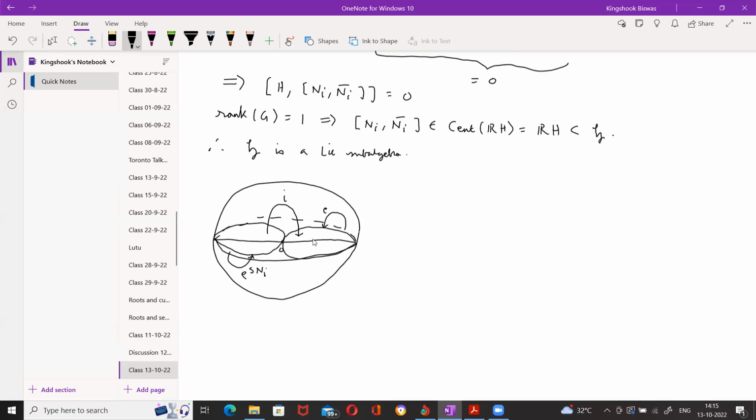So this will be, sorry, e to the s ni bar. And A_t will act along this geodesic. So along this geodesic, you'll have e to the tH acting here.